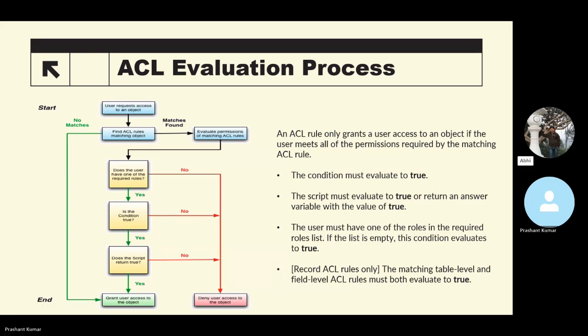If all three pass, it will provide access to the object. If any of them fails, it will deny. This is the ACL evaluation process in terms of the ACL object and operation side.